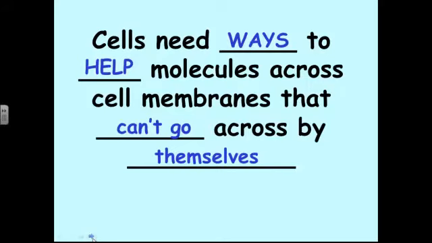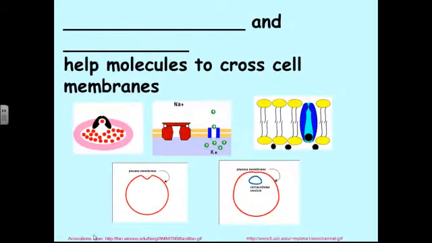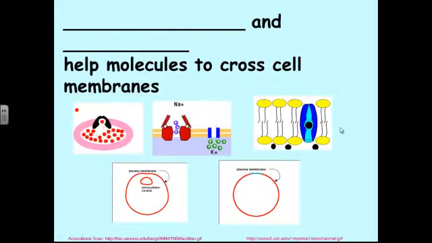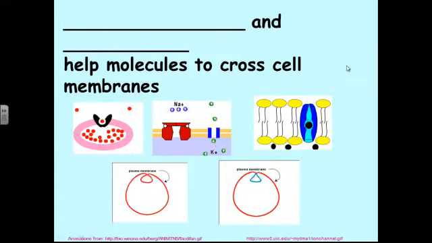So we're going to learn another kind of transport. There are lots and lots of different kinds of transporters, and we are not going to go into them and learn all of them. You can read about them in your chapter in your book, or do a little research on the internet if you're interested in other kinds of transporters. But the kinds we are going to learn about are kind of general types of transporters.